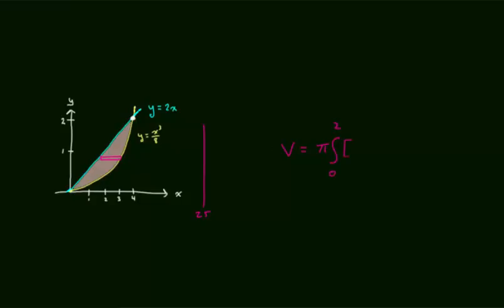My outer radius this time is the distance drawn like this, so 25 minus the line, 25 minus y over 2 as the outer radius, and the inner radius is going to be this distance here, and that's going to be 25 minus 2y to the 1/3 power. We're going to square that, thickness dy.